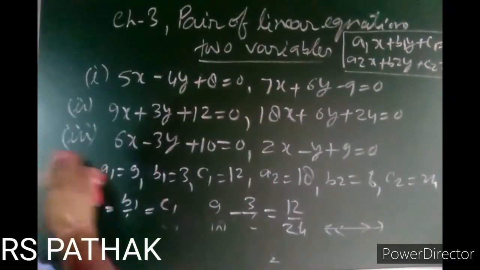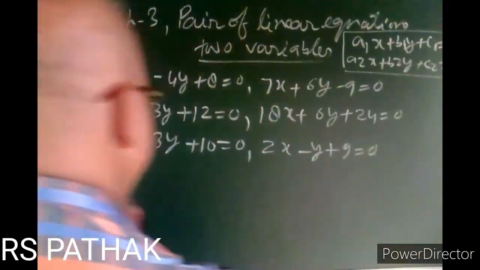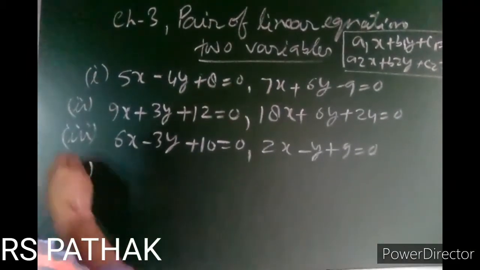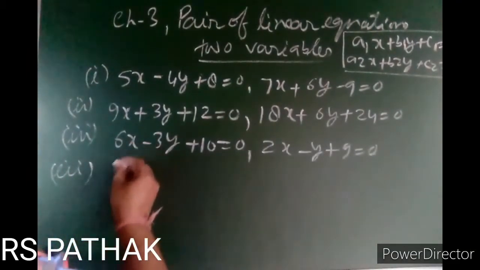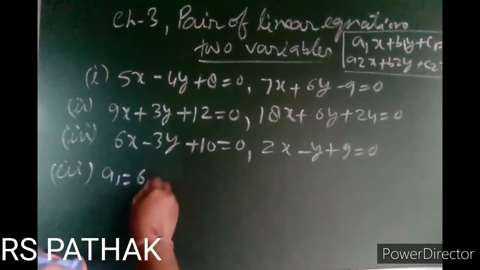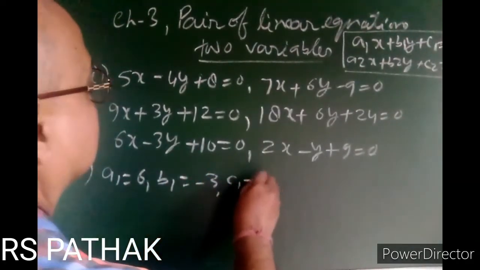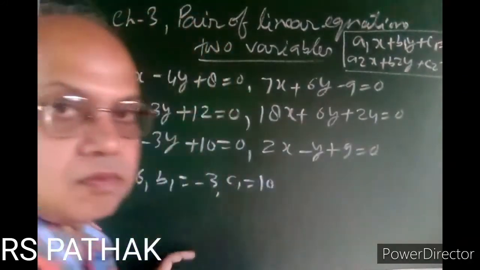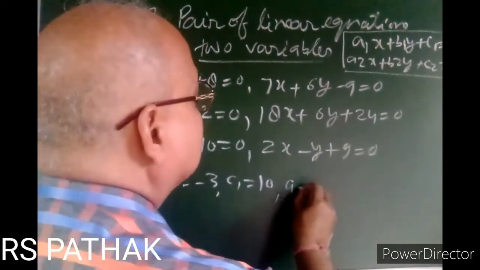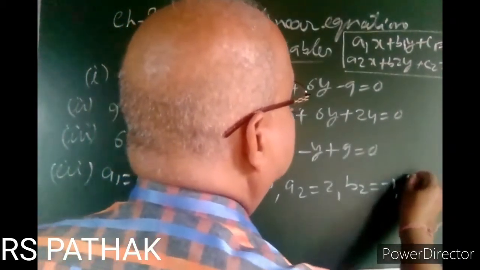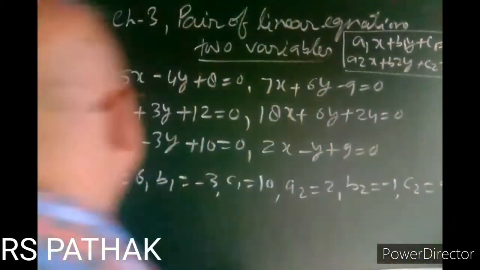Now I am going to solve question number 3. Here A1 is 6, B1 is minus 3, C1 is 10, A2 is 2, B2 is minus 1, C2 is 9.